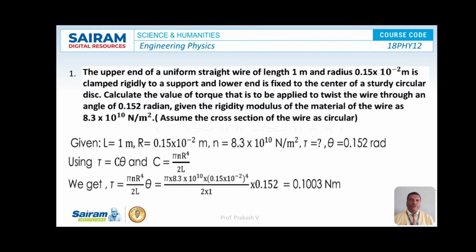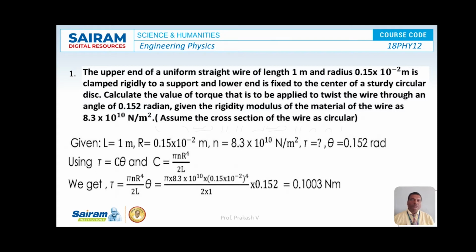Calculate the value of torque that is to be applied to twist the wire through an angle of 0.152 radian, given the rigidity modulus of the material of the wire is 8.3 × 10^10 Newton per meter square. So here we have to assume the cross section of the wire is circular.